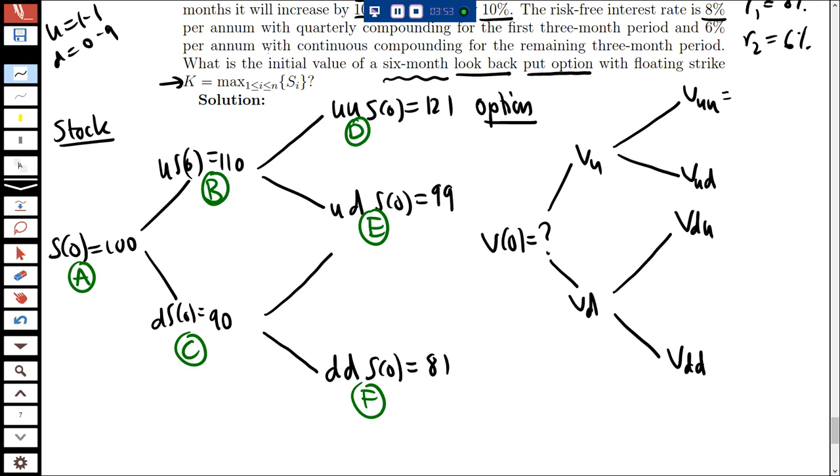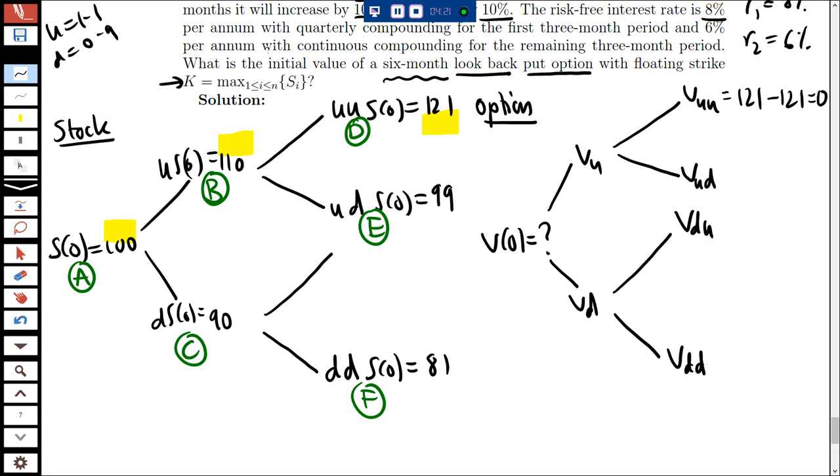We take off K. K is the maximum looking backwards, so the biggest is 121. So we have the strike price take away the biggest share price, which is 0.